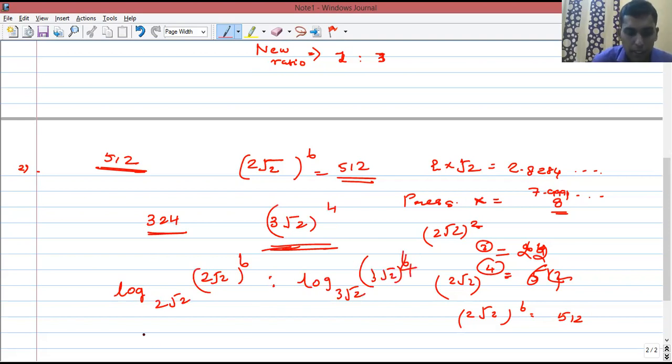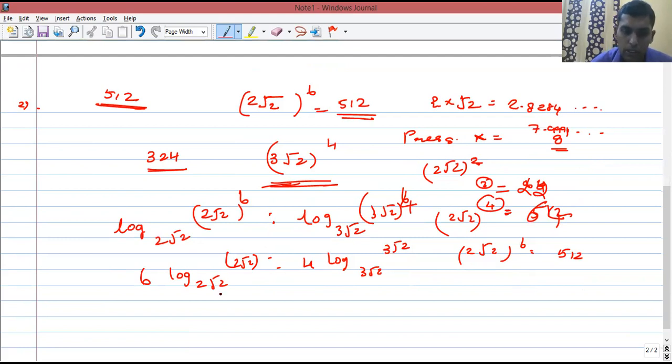Take the powers in front. 6 log 2 root 2 into 2 root 2, 4 log 3 root 2 into 3 root 2. You will get 6 is to 4. When the bases and the index are the same, you will get the answer of 1. So 6 into 1 is to 4 into 1. 6 is to 4 is the answer. If you simplify, the ratio should be in the simplified form. 3 is to 2 is the right answer.